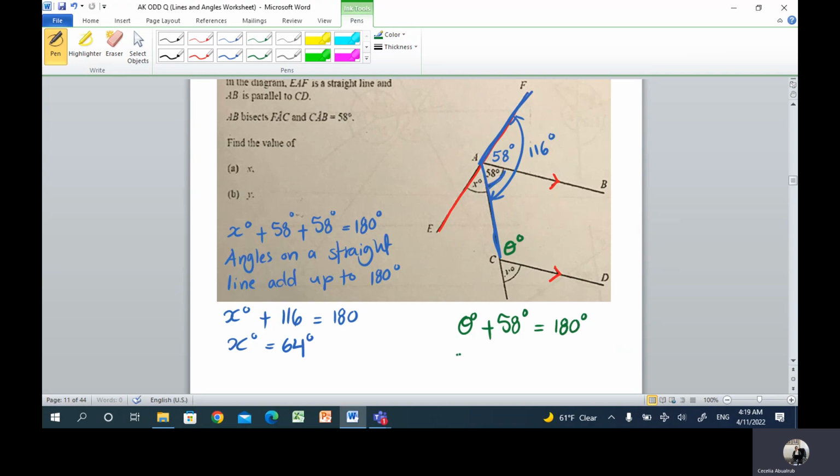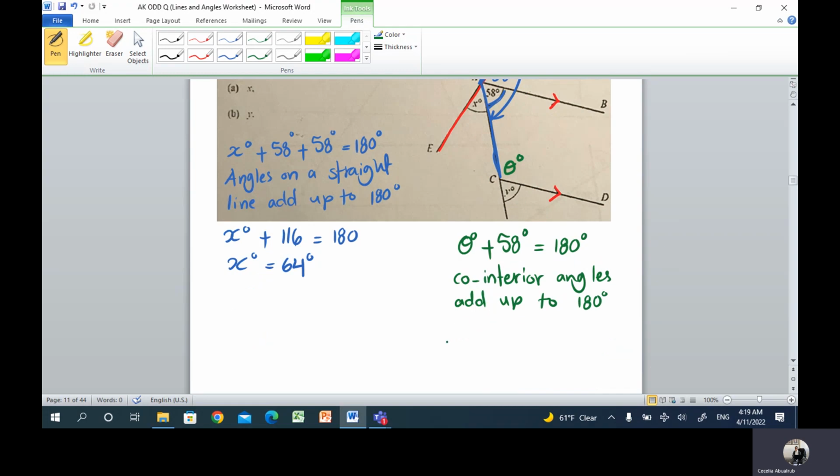The reason behind it: co-interior angles add up to 180 degrees. Now you can just apply opposite operations. So theta is equal to 180 minus 58, and the answer is 122 degrees.